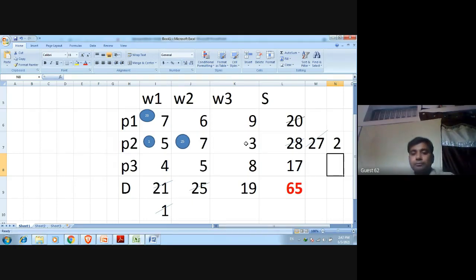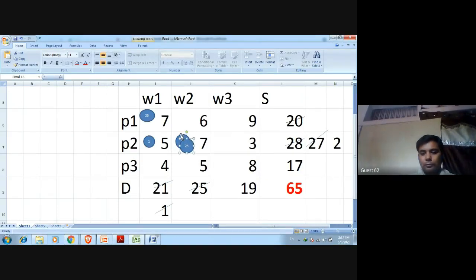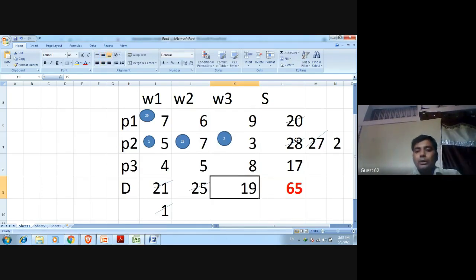Requirement of W3 is 19 units, but plant 2 has only 2 units. So we will allocate only 2 units. Okay. We have allocated it 2 units. This. Now, but the warehouse also requires still 17 units.